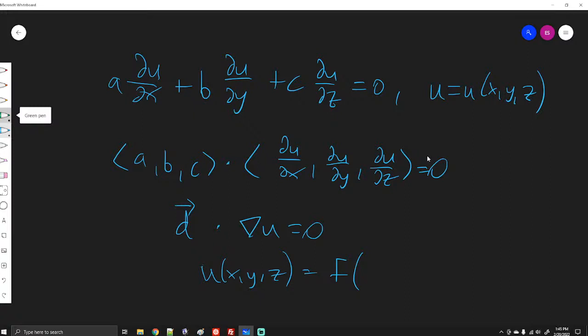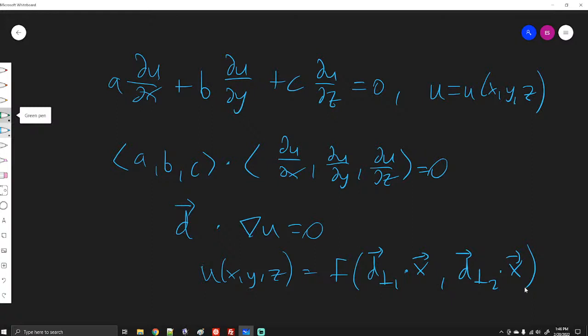So I can choose any two linearly independent vectors within that plane as my d perpendicular 1 dot x and d perpendicular 2 dot x.